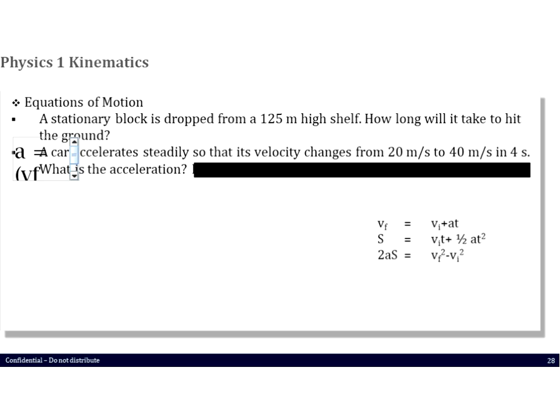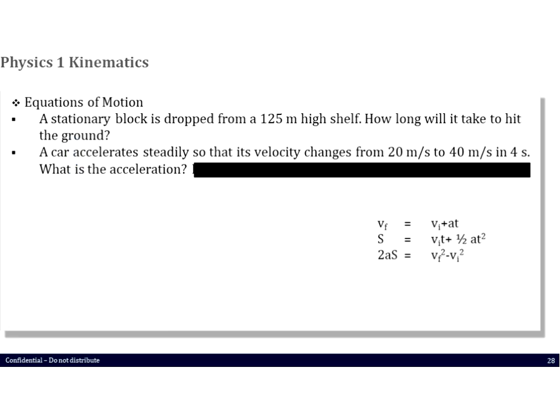Now, I add Vi on both sides and rearrange that. So we have Vf is equal to Vi plus At. That is exactly the first equation of motion. So it is directly derived from the definition of acceleration. Now, let's solve this problem.